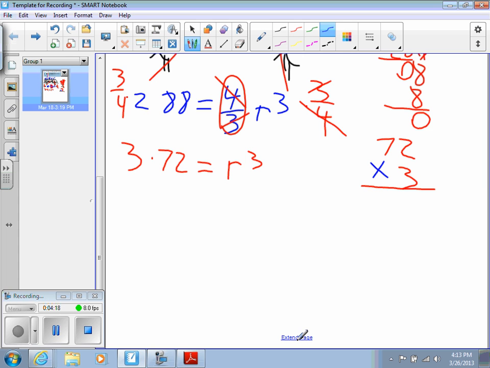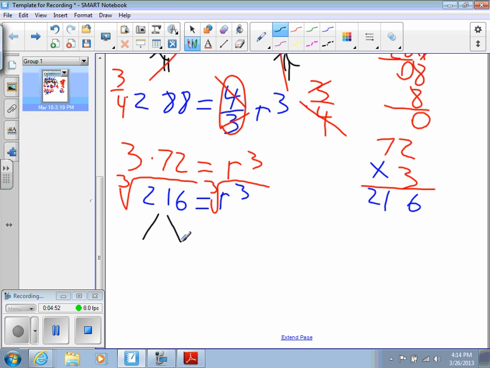So when I do that, 3 times 2 gives me 6. 3 times 7 gives me 21. So I've got 216. So 216 equals r cubed. In order to be able to solve this, I now need to take the cube root of both sides. And to do that, of course, I'm going to factor my 216, which is definitely divisible by 2.